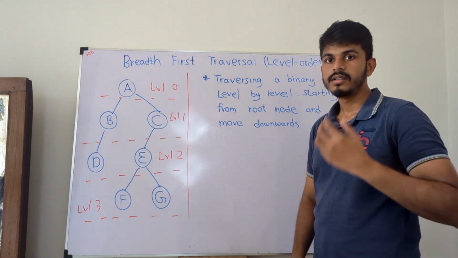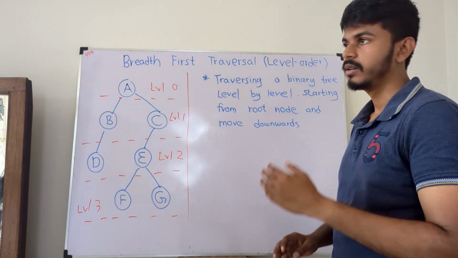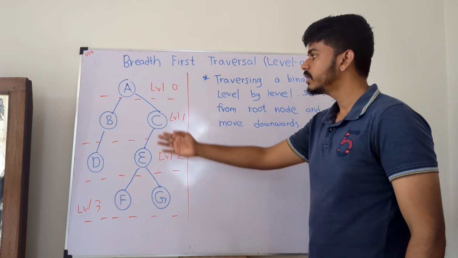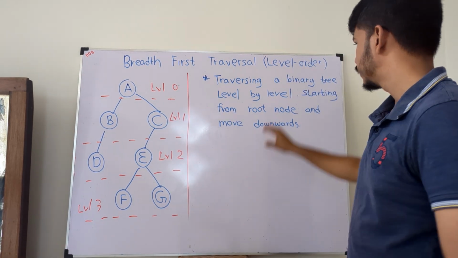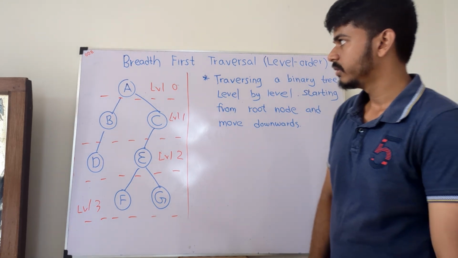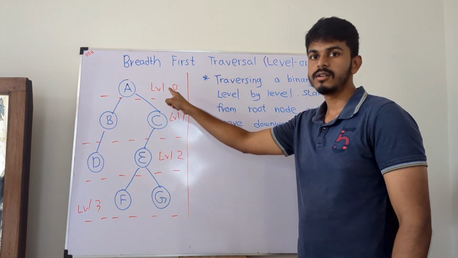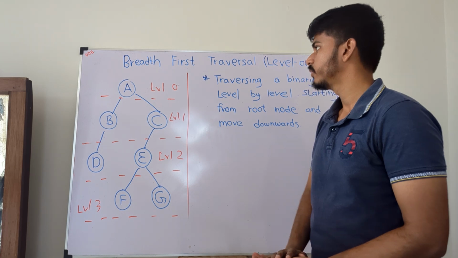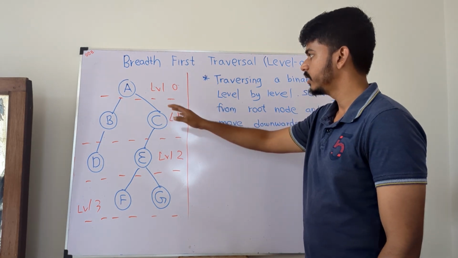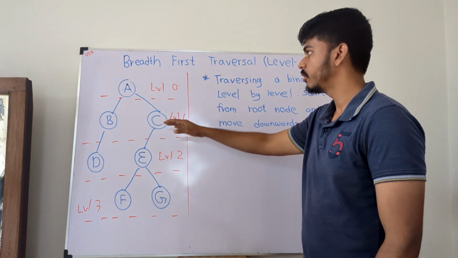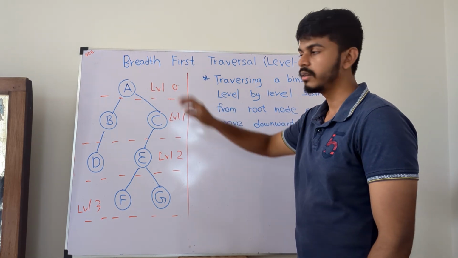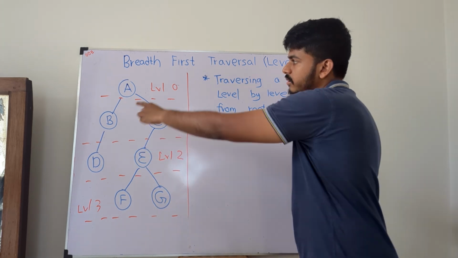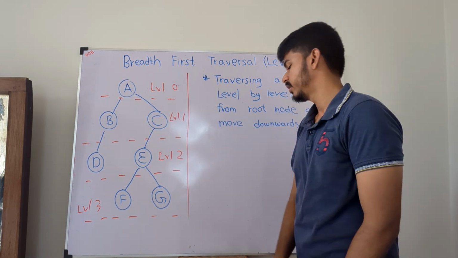In each level, it is going to traverse from left to right. So here in this tree diagram, you can see several levels. The root node is going to be the 0th level in this tree. Then after that, we are going to increase the level number moving downwards. Children of the root node are level 1.